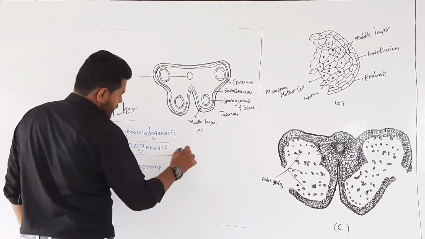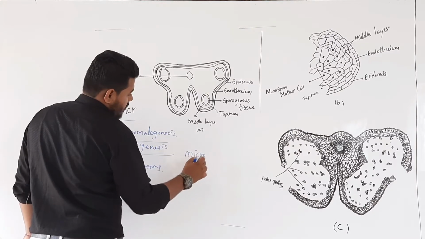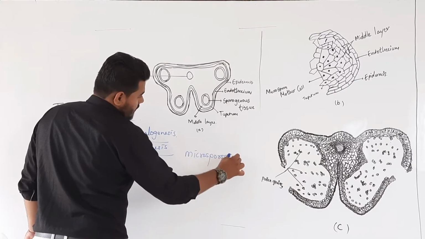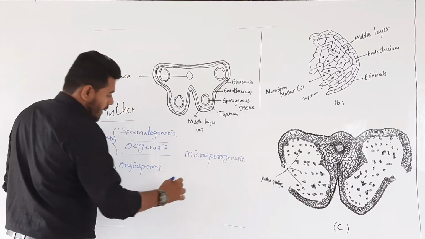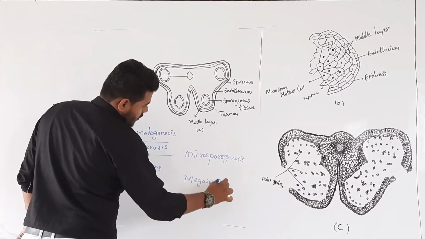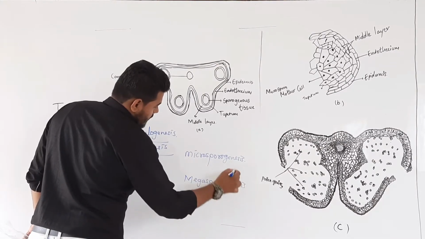That is microsporogenesis and megasporogenesis.